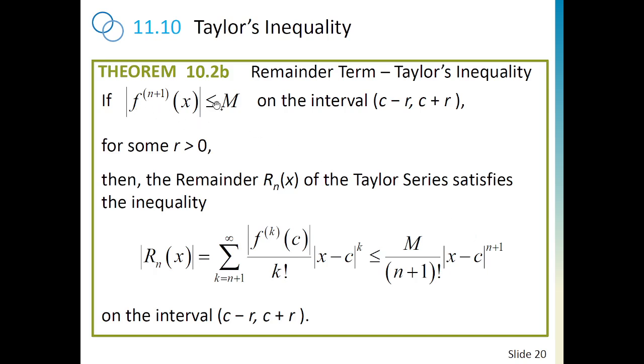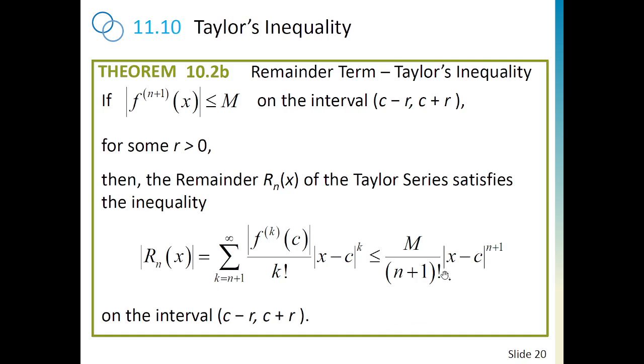The condition that we need to satisfy is that the derivative n plus 1 is smaller in absolute value than some number M on the interval of convergence, so for x in this interval. When we have that, then we can immediately prove that this expression goes to 0 when n goes to infinity, therefore the remainder goes to 0 also.